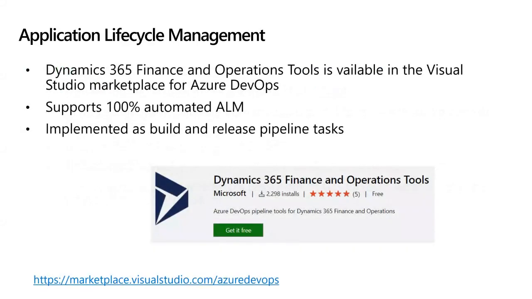And the finance and operations tools is available in the Visual Studio Marketplace for Azure DevOps. This is what supports the automated ALM, and it's implemented as the build and release pipeline tasks.